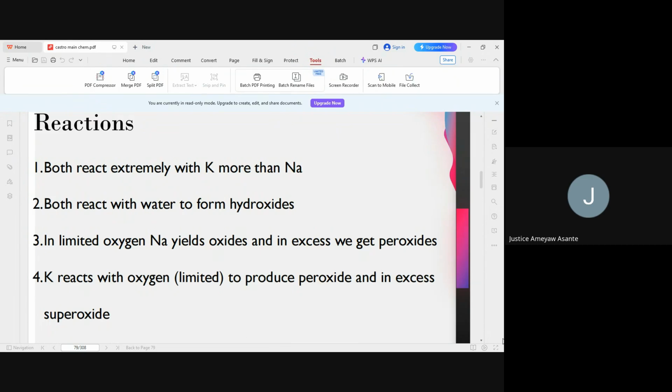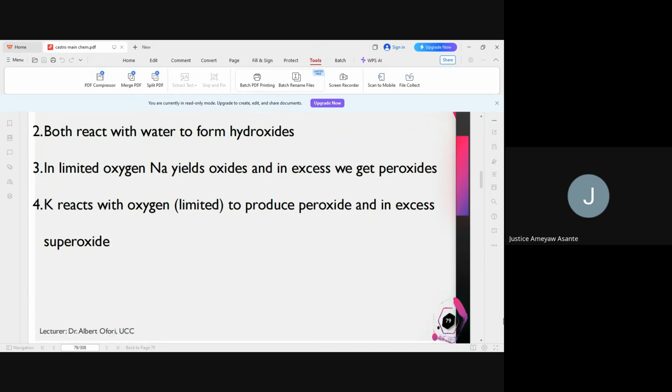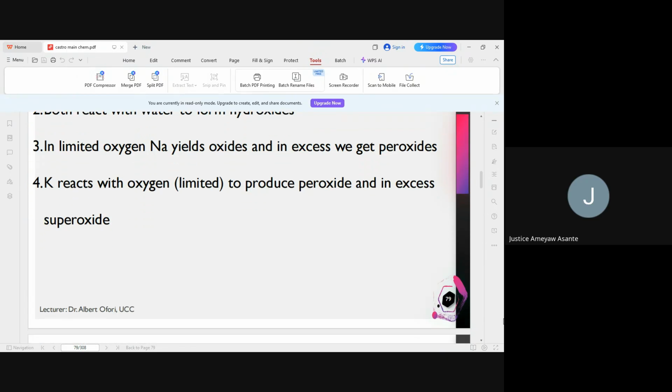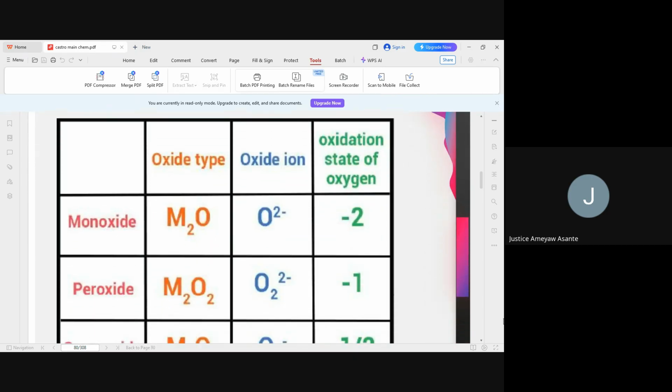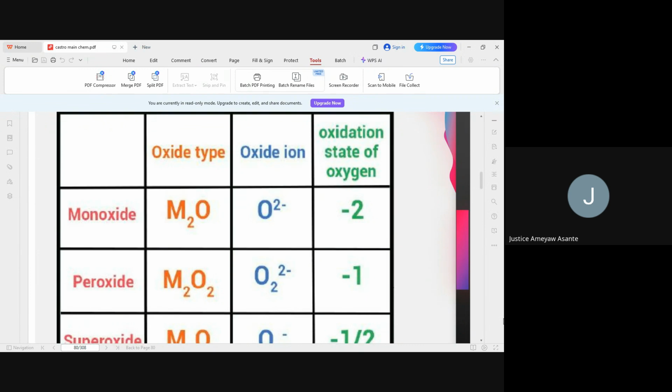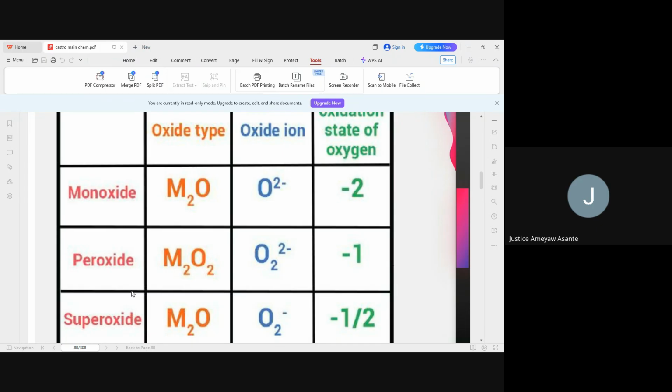So this is what I've just explained. In limited oxygen, sodium yields oxide, and in excess, we get peroxide. Potassium reacts with limited oxygen to produce peroxide, and in excess, you produce superoxide. So this is the general formula. We have monoxide, peroxide, and superoxide. These are the three different types of oxides that one element can form.